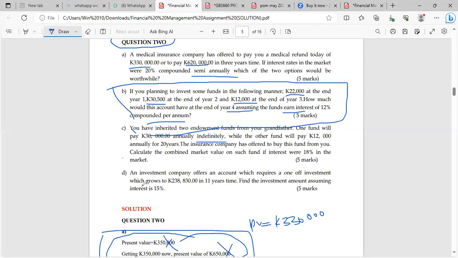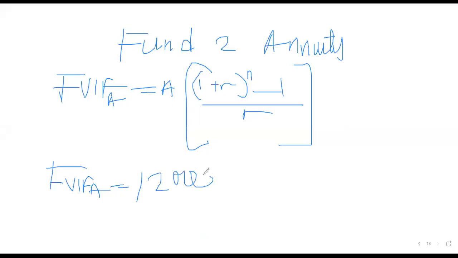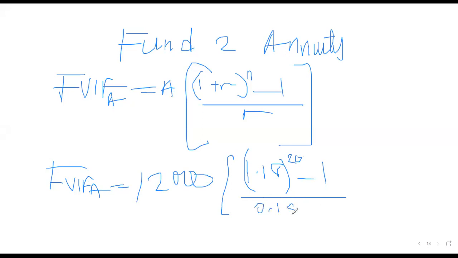So it is 12,000 times 1.18 to the power 20 minus 1, divided by 0.18.